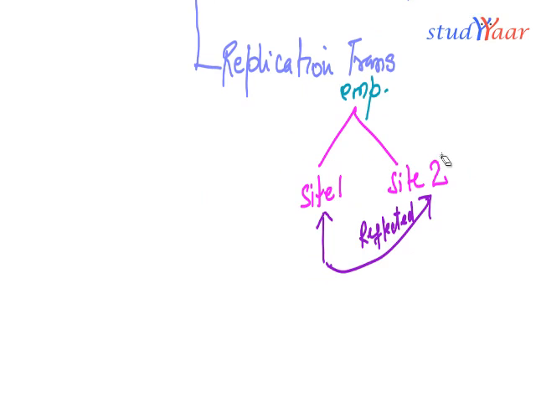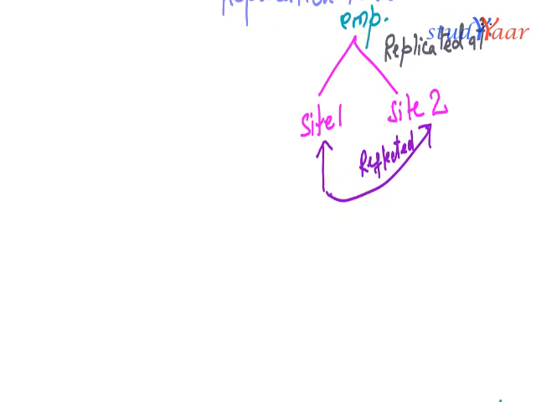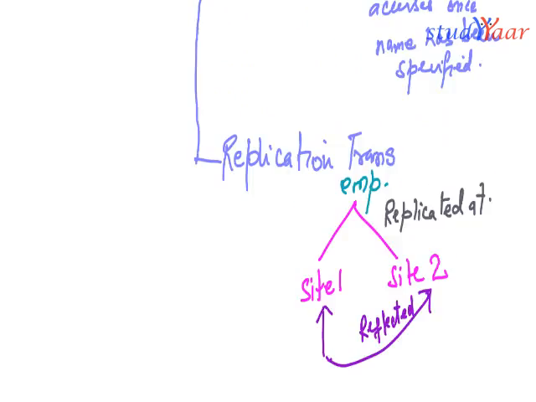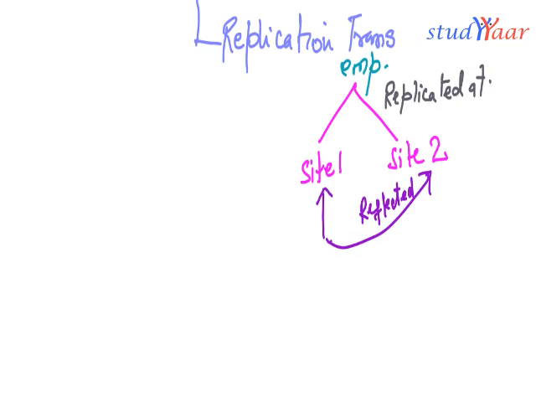I would say the employee table is replicated at site 1 and site 2, and changes in site 1 are reflected on site 2. Similarly, changes in site 2 are reflected on site 1. That was the concept of replication transparency.